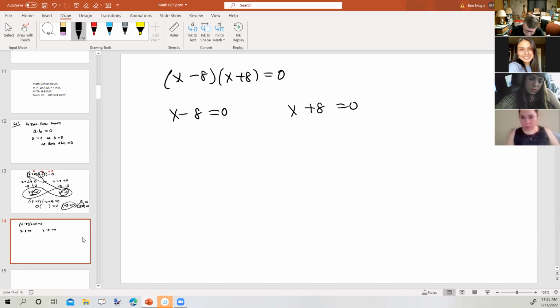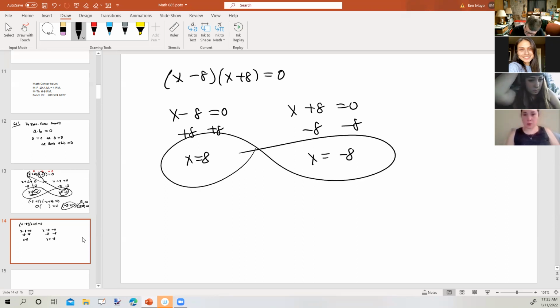Well, if x - 8 = 0, adding 8 to both sides, x = 8. If x + 8 = 0, subtracting 8 from both sides, x = -8. So once again, we have two solutions to this equation. Again, any questions?